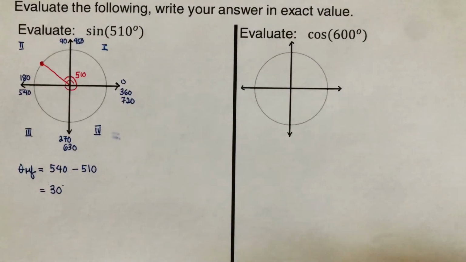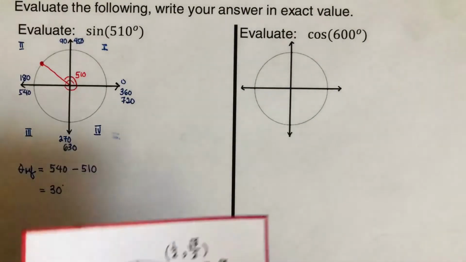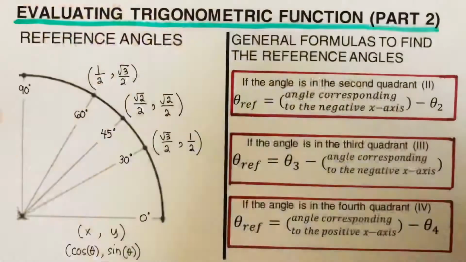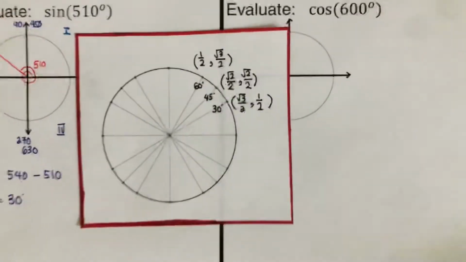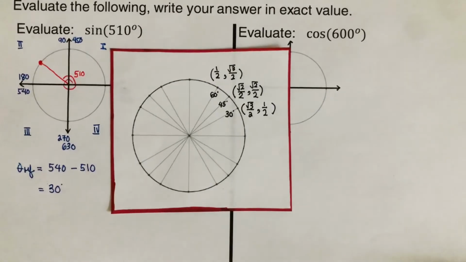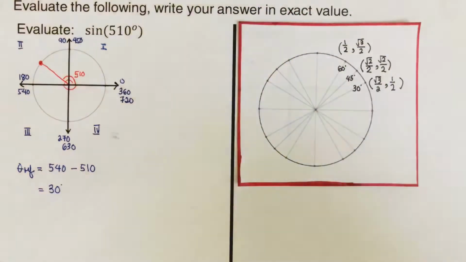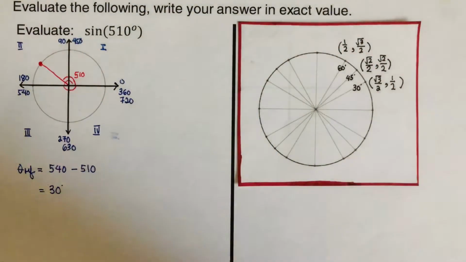So we go back to this reference angle, which is located in the first quadrant, and determine the coordinate for 30 degrees.